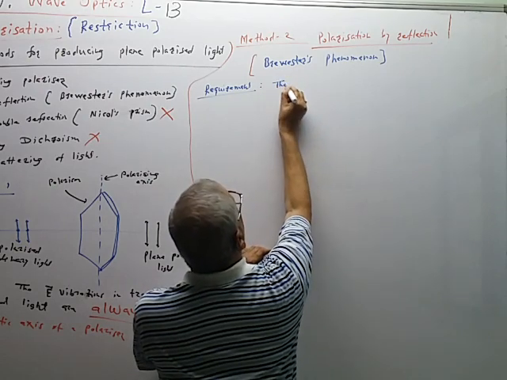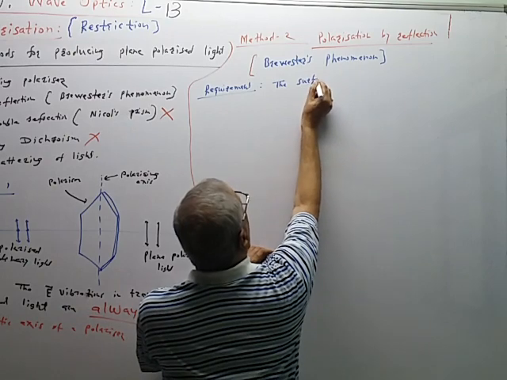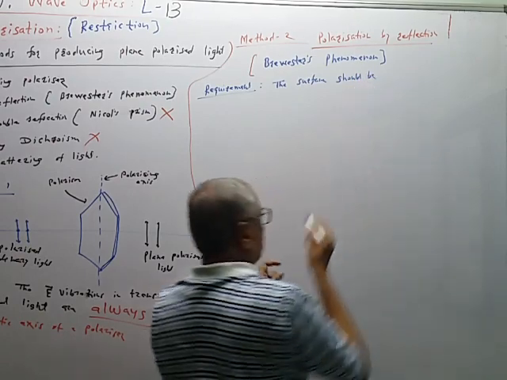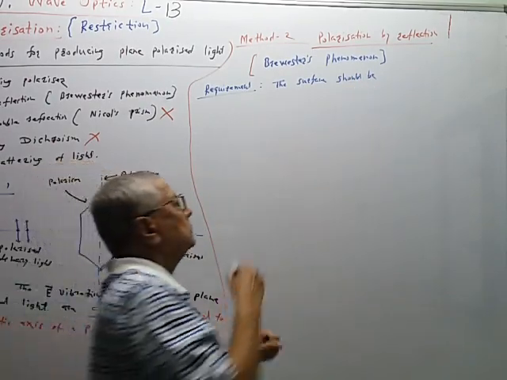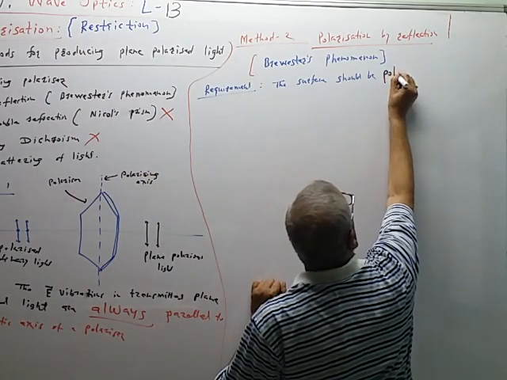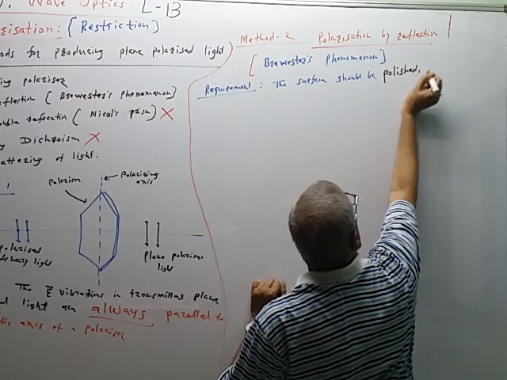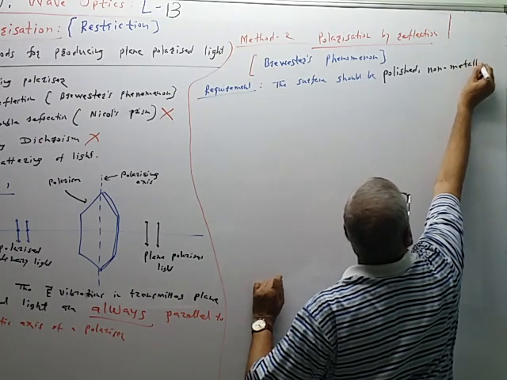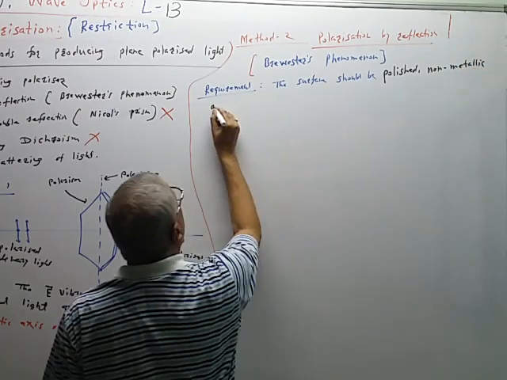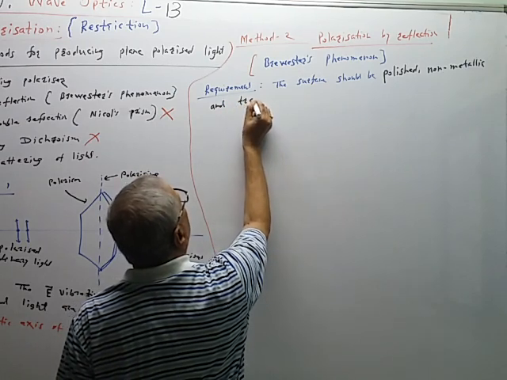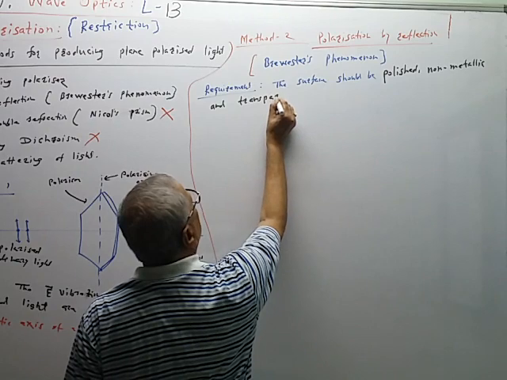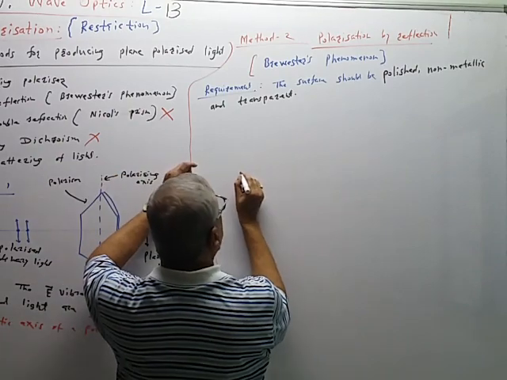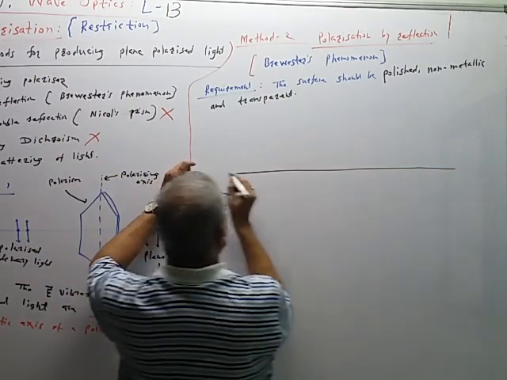The surface should be polished, non-metallic, and transparent. So this is the surface XY.